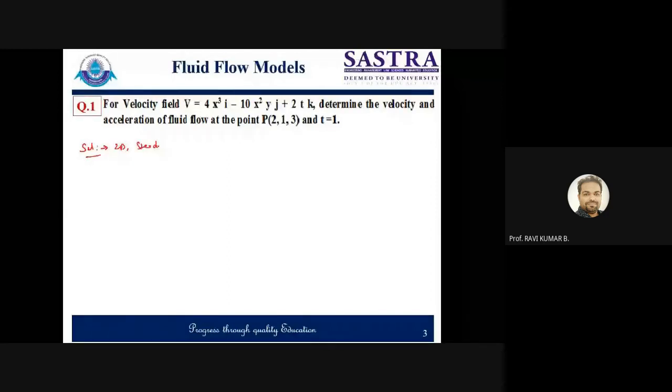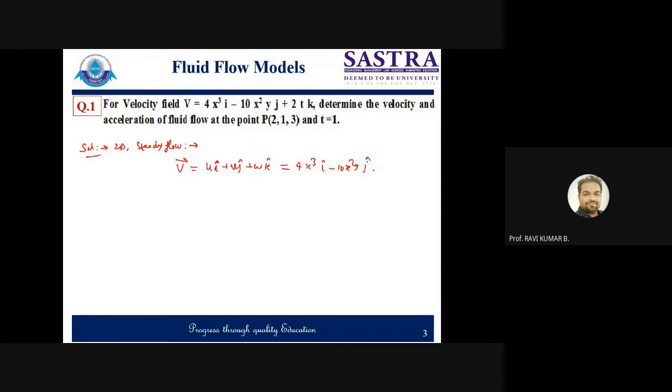steady flow, because the time variance is still present, but it's not going to make any difference because t is equal to 1. So you can say the velocity vector which is given here is ui, vj, and wk. So this you can write as exactly equal to whatever is given here, 4x cube i, and tan x square y, and plus 2t k.